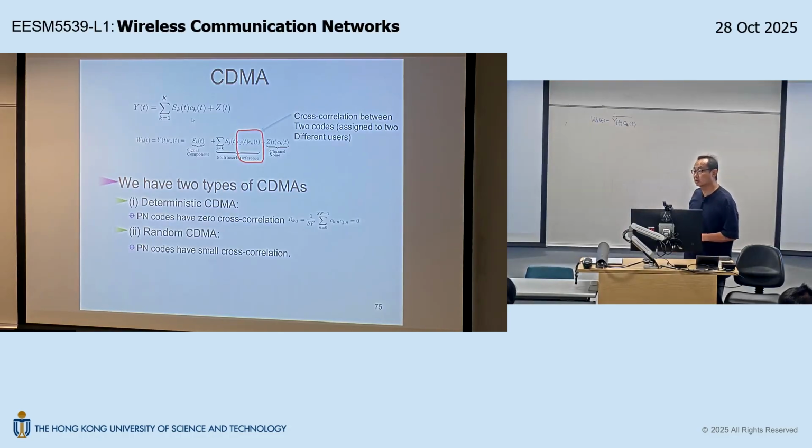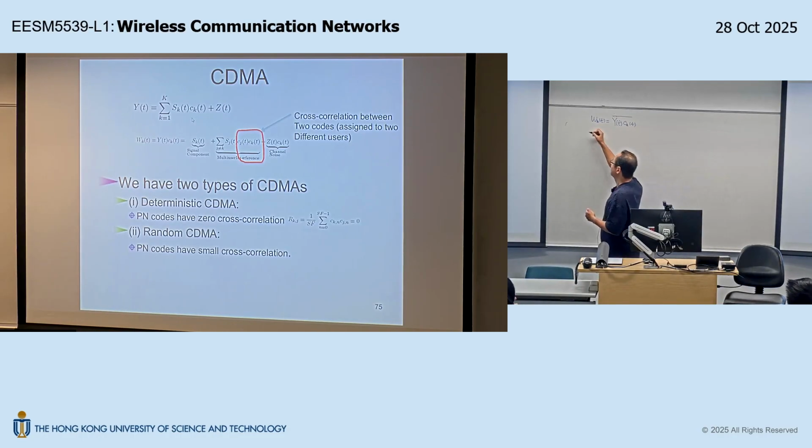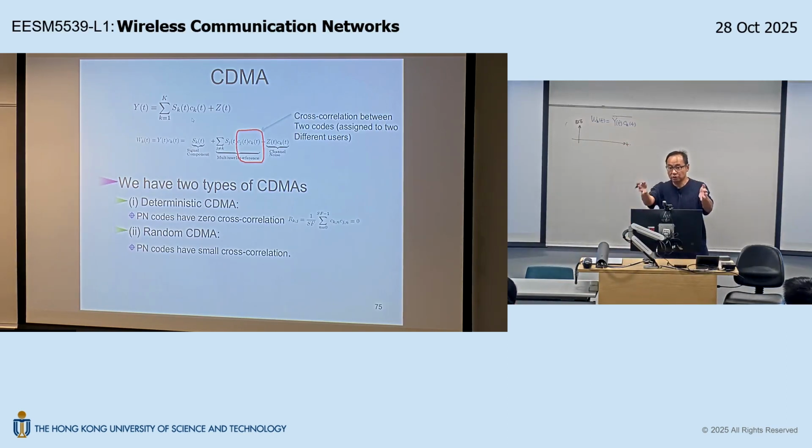Let's first consider the downlink situation. Let's say this is the base station transmitter, and this is time. The base station is supporting 2 users at different locations. This is the base station transmitter, this is user 1, and maybe this is user 2.